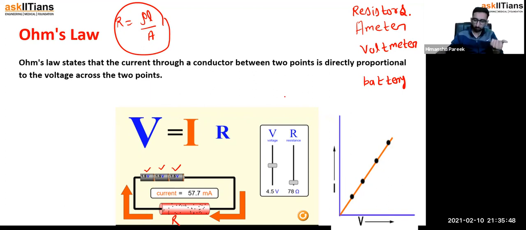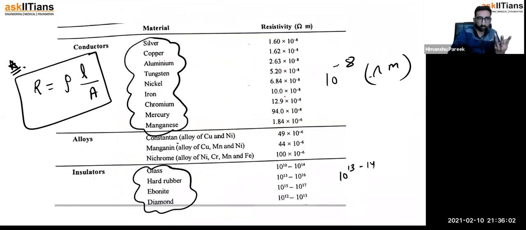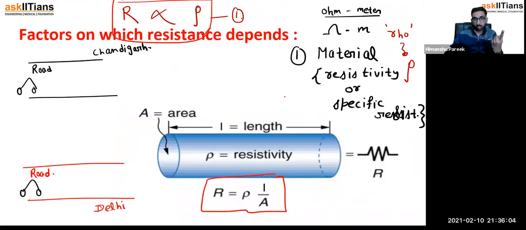In some books you will find that resistance changes because of temperature. I'm not considering that much increase in temperature, but it's true that resistance does depend upon temperature. If I tell you in brief, the property of the material which I was talking about, resistivity, which I represent by the symbol rho, directly depends upon the temperature.